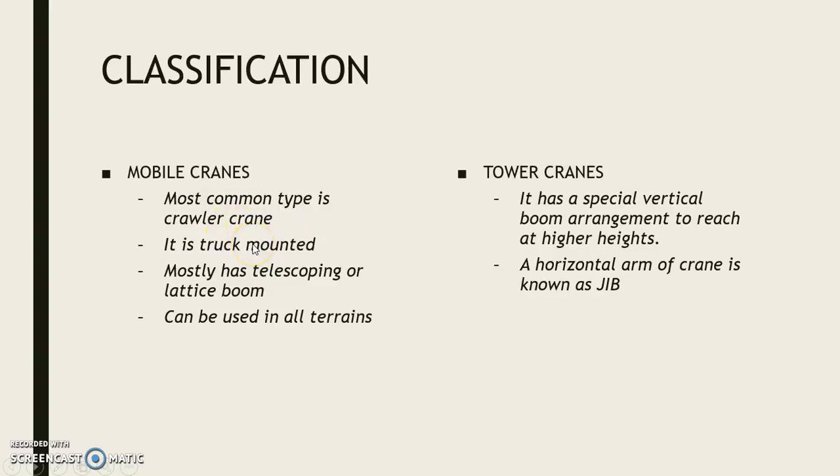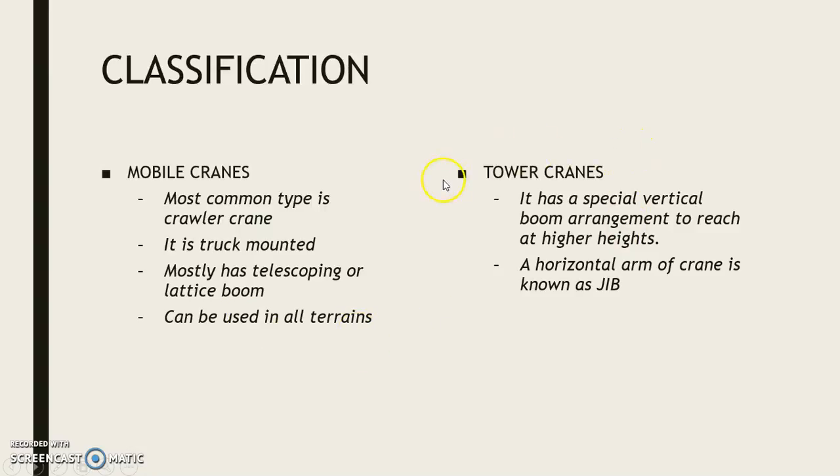It is truck mounted, so it has a cab for driving. Mostly it has a telescoping or lattice boom. Boom is a long arm or structure which we will see in the images. It can be used in all terrains, like marshy soils, soft soils, plain terrains, and mountainous terrains.